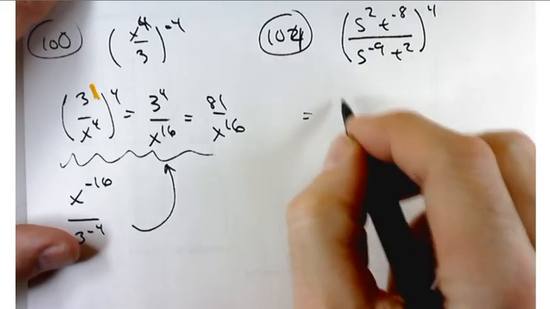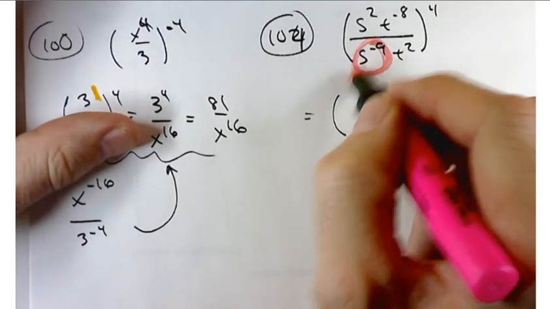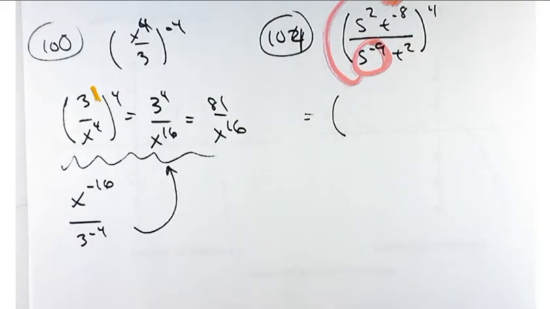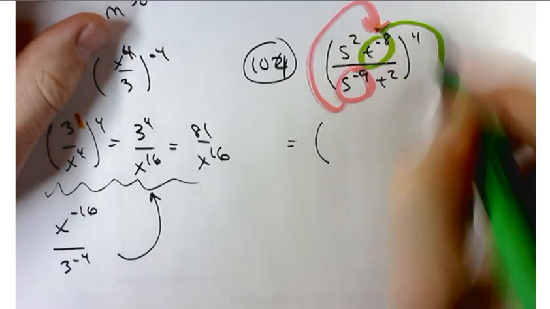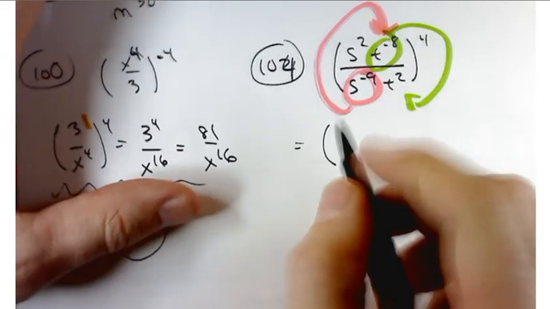Problem number 104, in the parentheses, I'm going to get rid of the negative exponents. That means bringing the s to the -9th up to the numerator. What other change is that going to require us to do? Yeah, make it positive, bring it up there. T to the -8th goes down to the denominator.